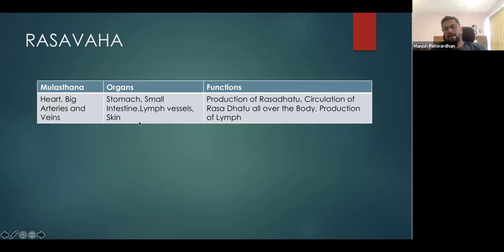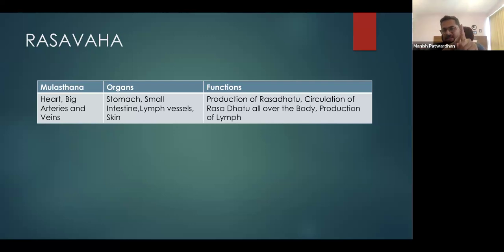Organs are stomach, small intestine, lymph vessels, production of Rasadhatu. So what it says is that from the intestine, the nutrient fluid will go to the heart, which is the main site of the Rasavaha Srotas, comprising of the blood vessels and the heart.